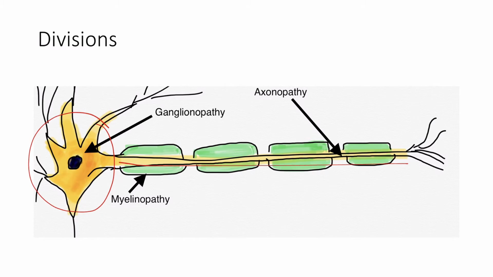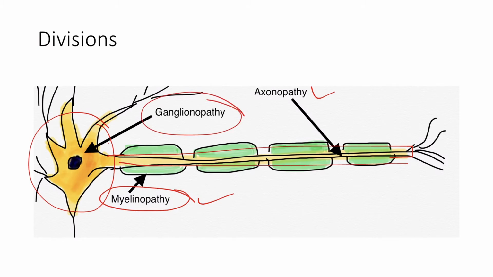As the name indicates, any disorder which affects the axon will be called an axonopathy, and anything which affects the myelin will be called a myelinopathy. Since these cell bodies are present in the ganglia, the name is ganglionopathy. So basically we can divide them anatomically into axonopathy, myelinopathy, or ganglionopathy.